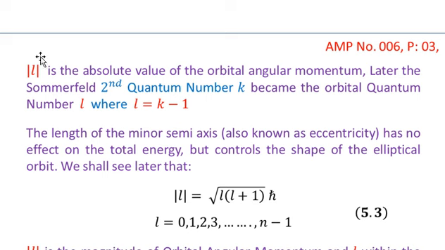The orbital angular momentum is represented by |L|, the absolute value of the orbital angular momentum, and the orbital quantum number is simply represented by the small l, which is related to the Sommerfeld quantum number by l equals k minus 1.